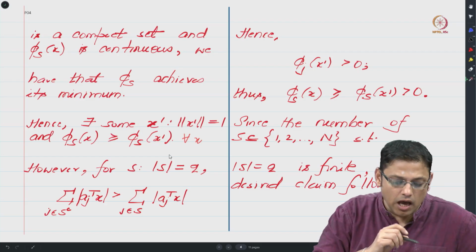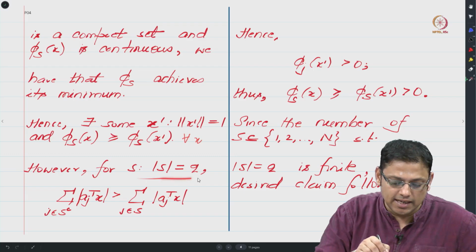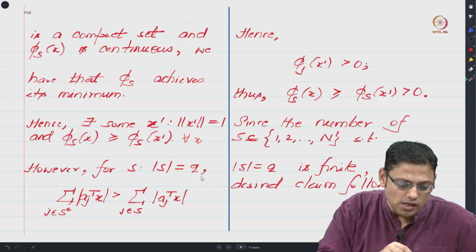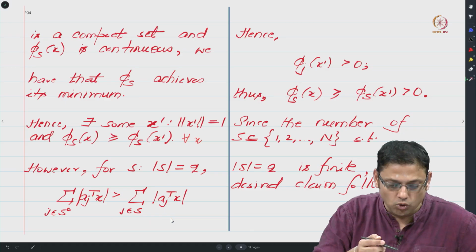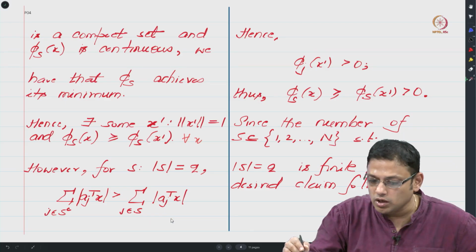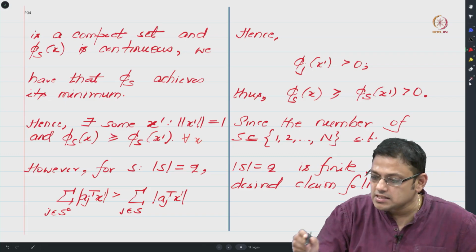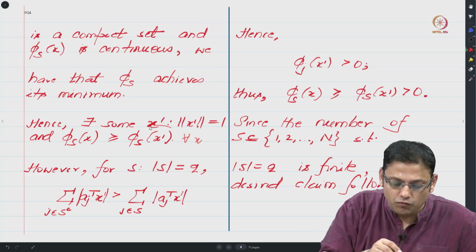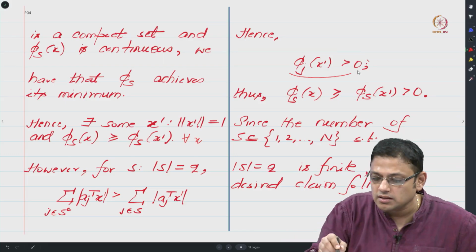Is this okay? However, we know that for S such that the cardinality of S is q, this relationship is greater than this for any x which is not equal to 0. In particular, this relationship holds for x prime, and hence one can conclude that phi_S of x prime is strictly bigger than 0, right.